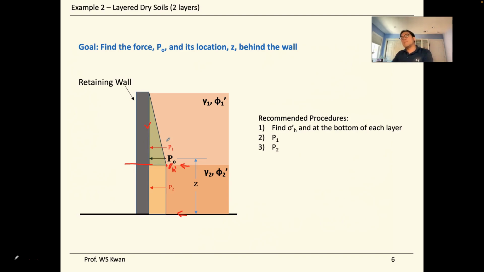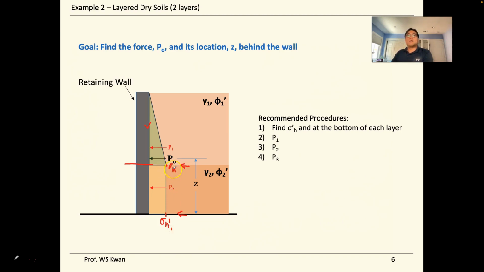Next, we want to find P2, which belongs to the first layer soil, the horizontal loading acting on the lower portion of the wall. This is P2, the yellow rectangle here. Since we're talking about the force from the first layer on the second part, the horizontal stress is not changing from the first layer to the second layer.